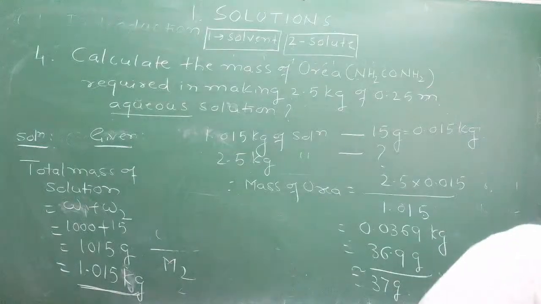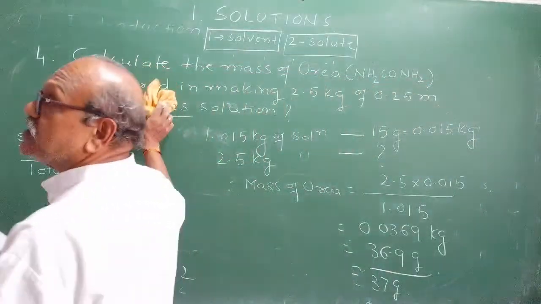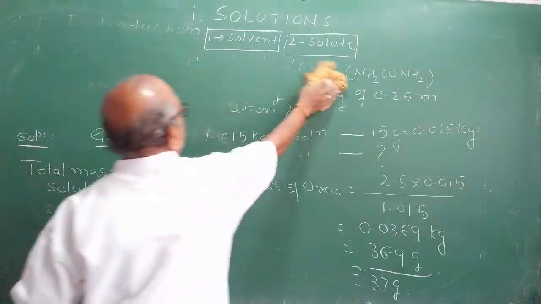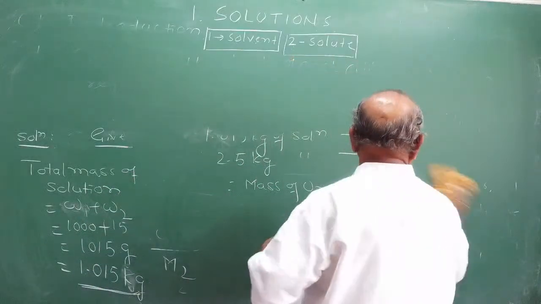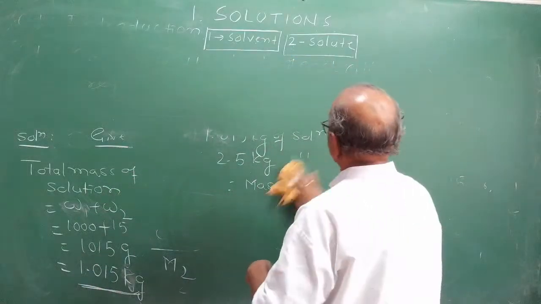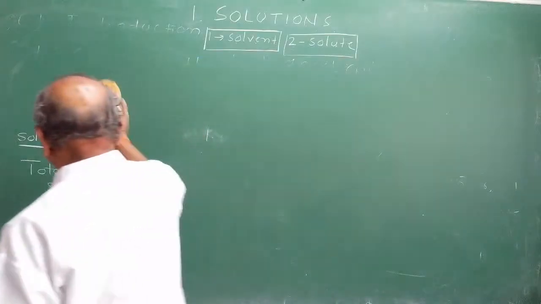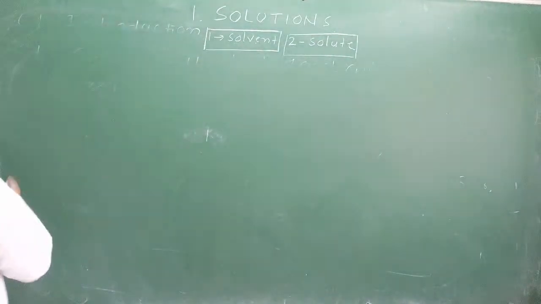Okay, I will just analyze you. Try this problem. I'll give a few problems to solve as homework. Then I will solve them in the next period. Take this one, fifth one.